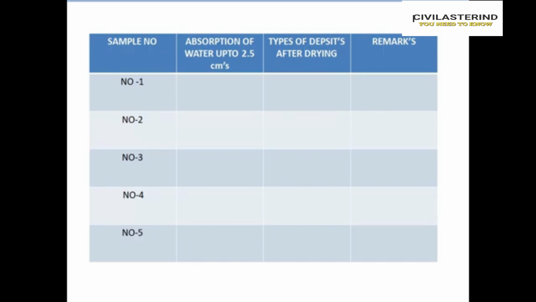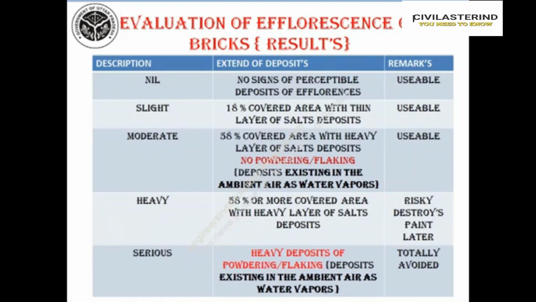So absorption of water, then types of deposit and remark, and of course firstly the number of samples that we take. So here we have the first sample and we note down the details, the second one, the third one, and the fourth and the fifth one. So out of 5 samples, what we need to see is the deposit of efflorescence.